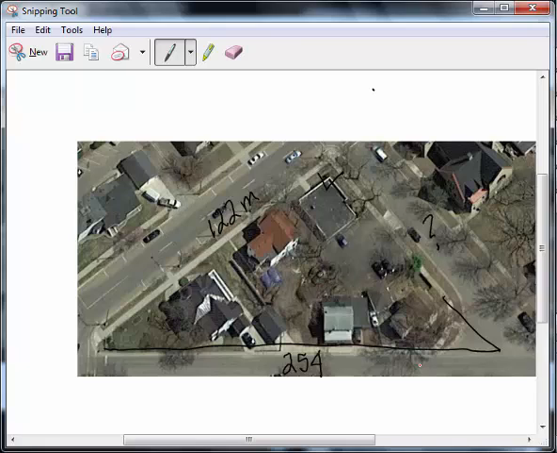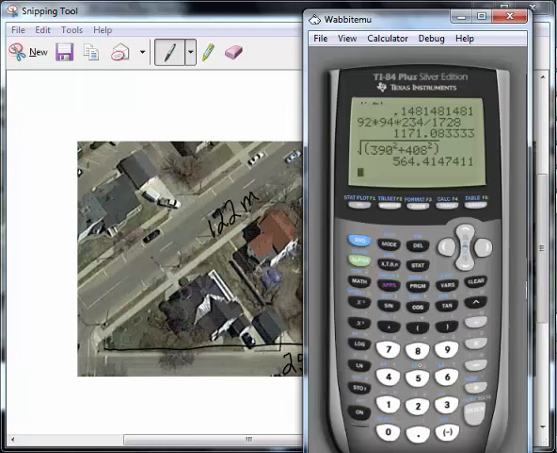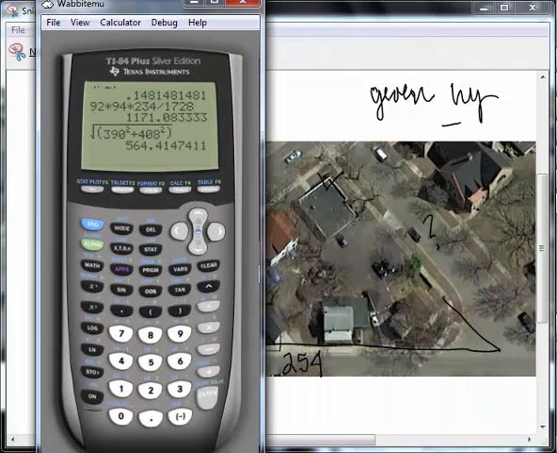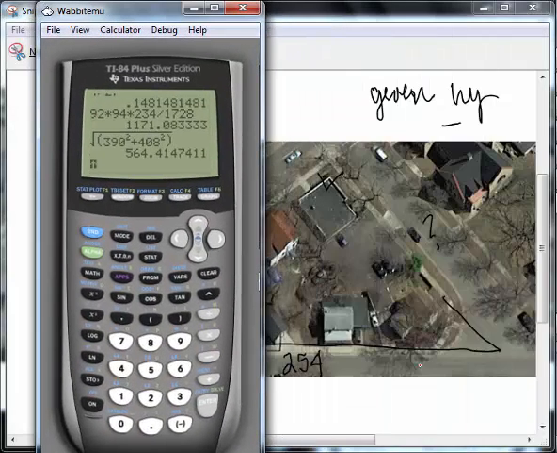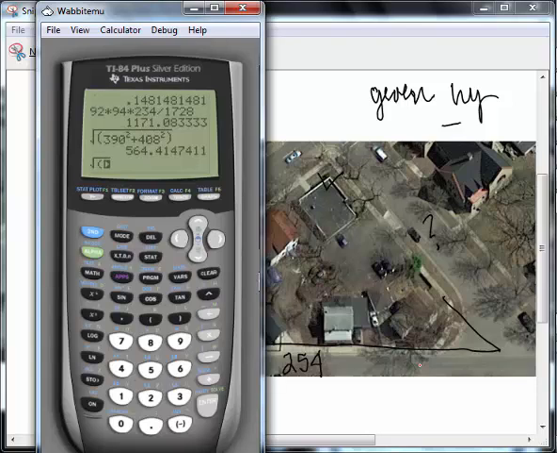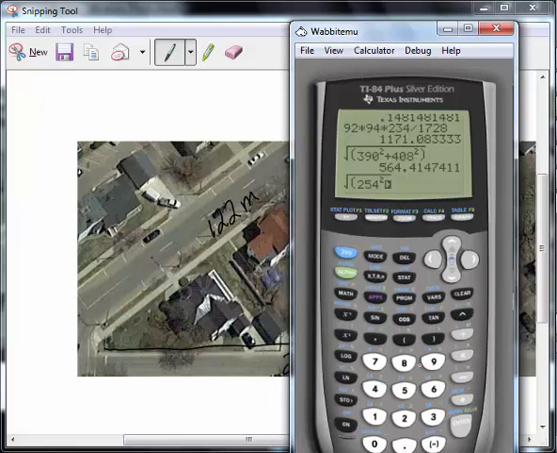If you're given the hypotenuse, subtract. So on our calculator, we're going to start with the square root key again. But we're going to take the hypotenuse squared and subtract the other leg squared.